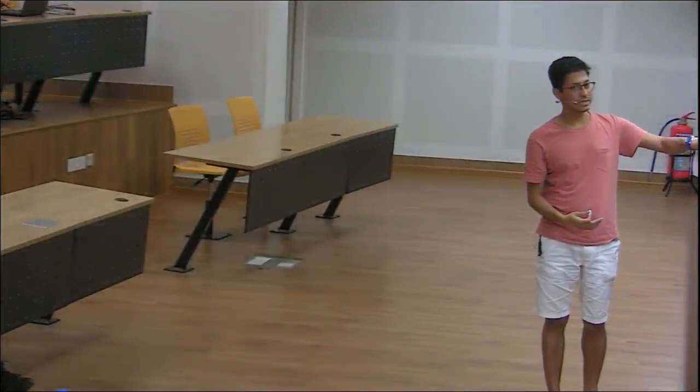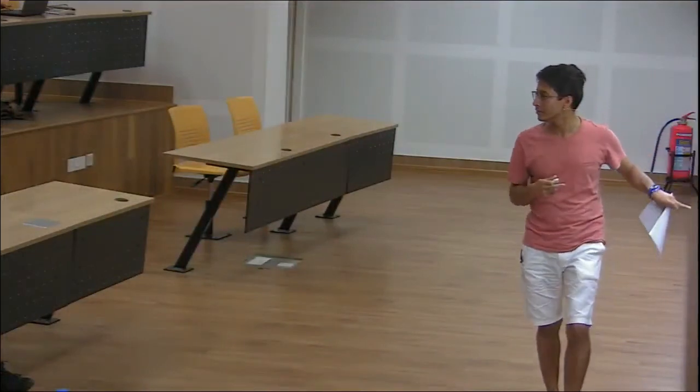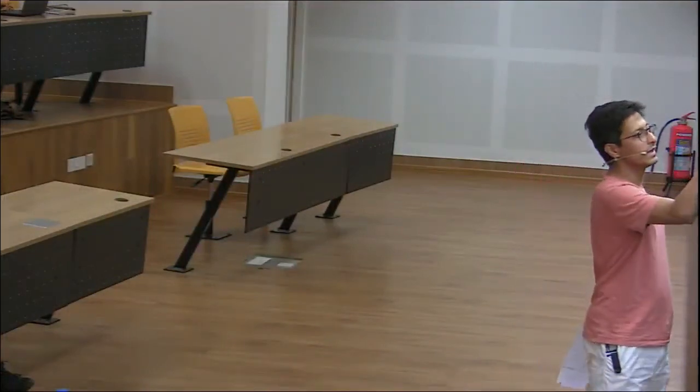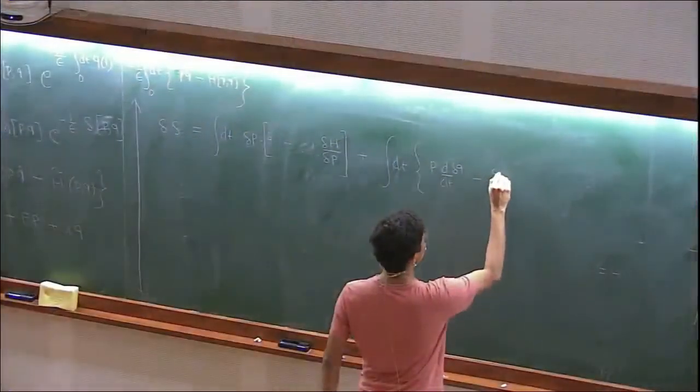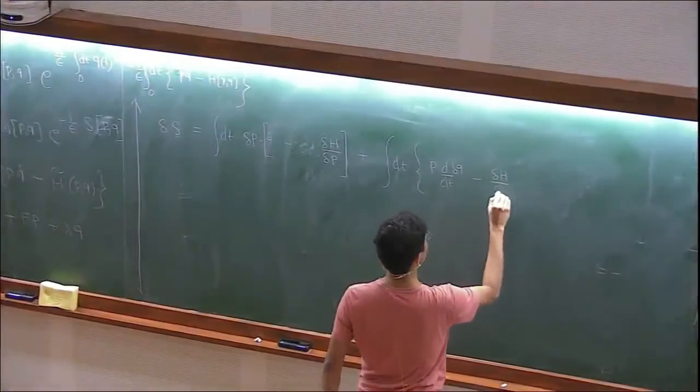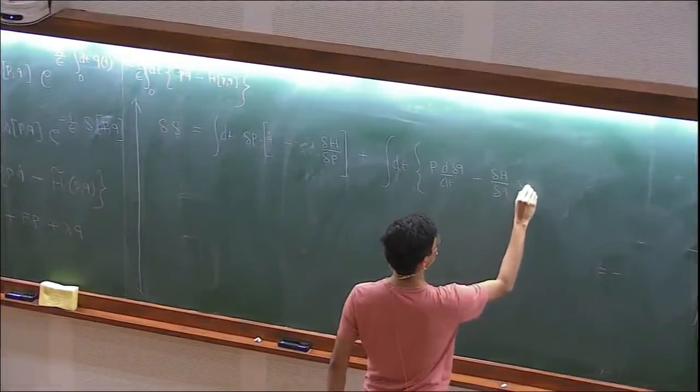So this is P d dt of delta Q, and the change in H is the partial of H with respect to Q, times delta Q.